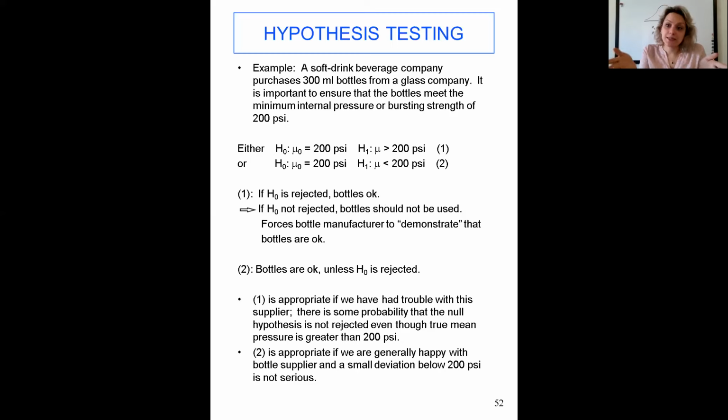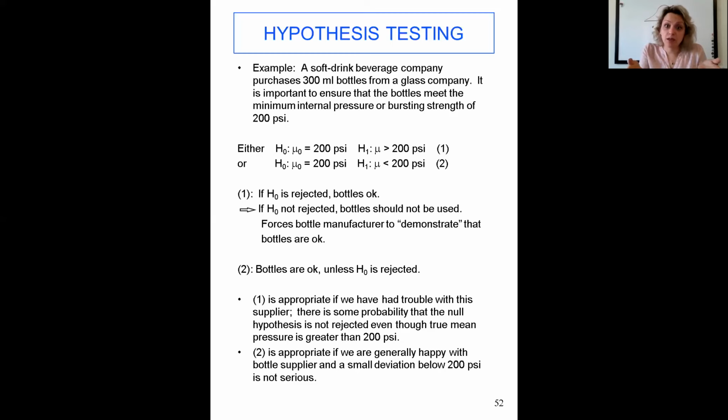But you will see that in some books, if the alternative hypothesis is mu greater than 200, they would say the mu null is less than 200. When you consider that, you will see that the result is going to be the same. I would agree with Montgomery as well, but there are people who have a different opinion. It's statistics, data analysis, so you can have different opinions when you're analyzing your data.